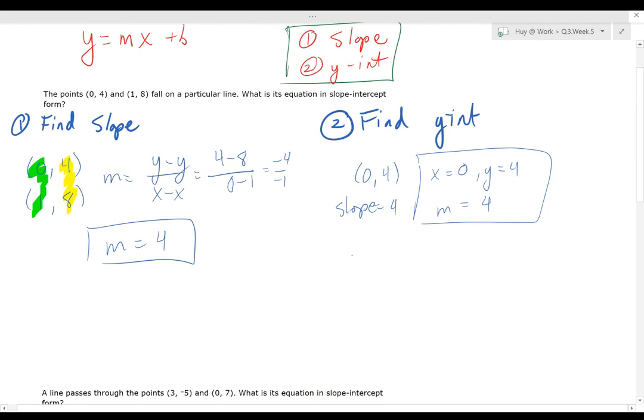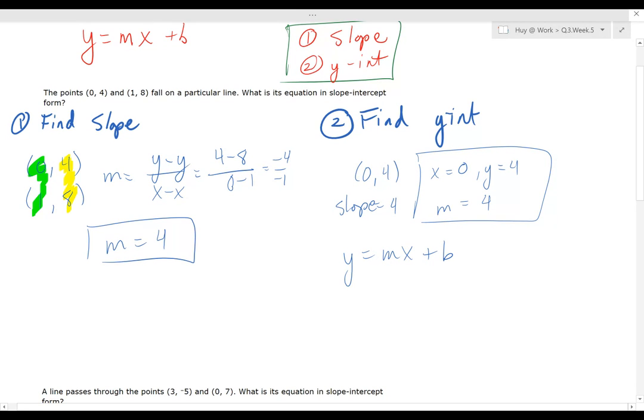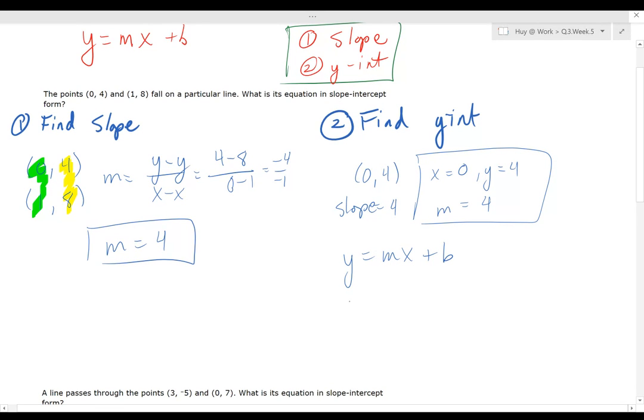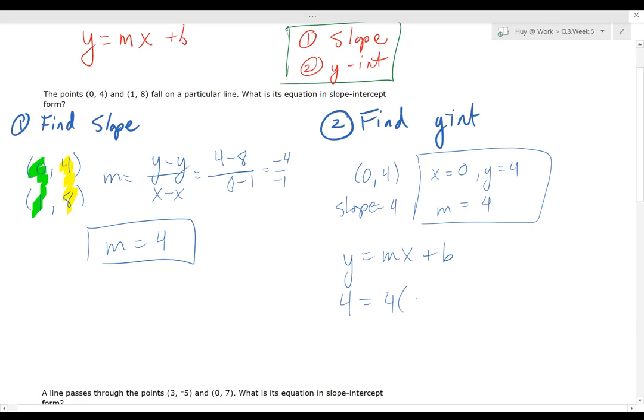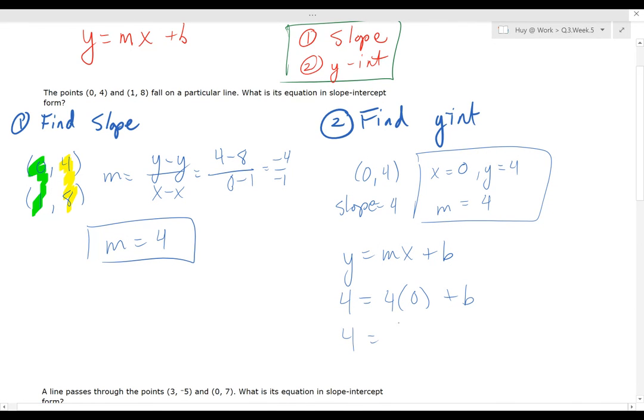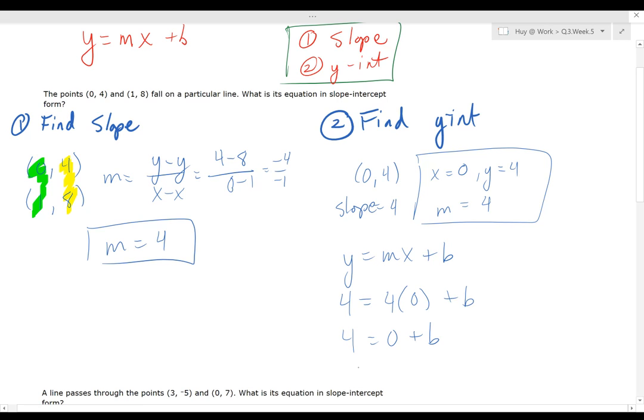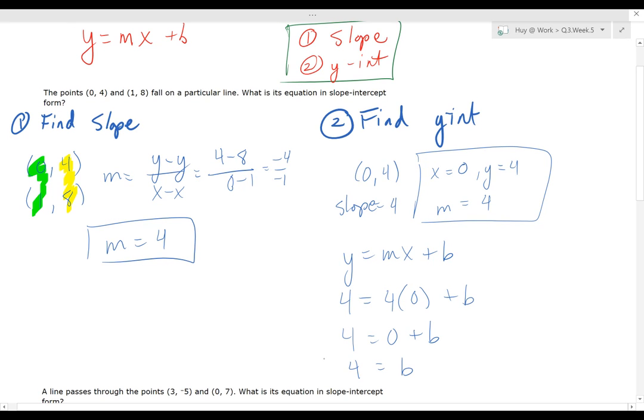Okay, we got y equals mx plus b. Let's substitute those values in. Y is 4, m is 4, x is 0. Well, that makes it nice and easy because 4 times 0 is 0 plus b. So 4 equals b.